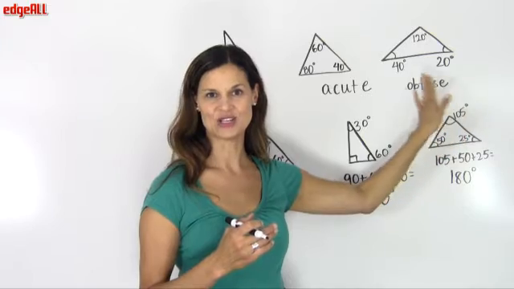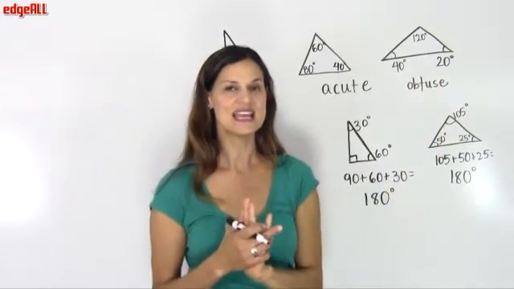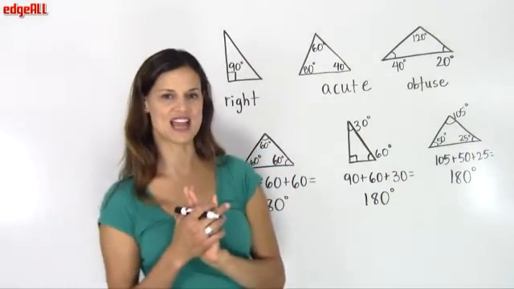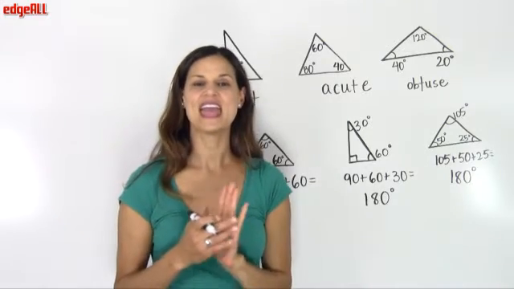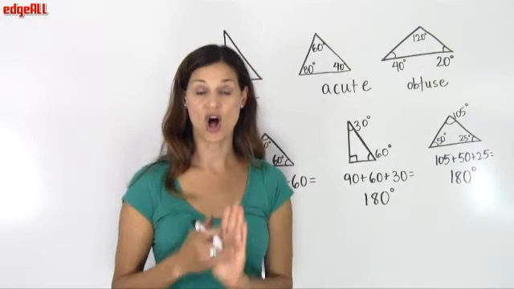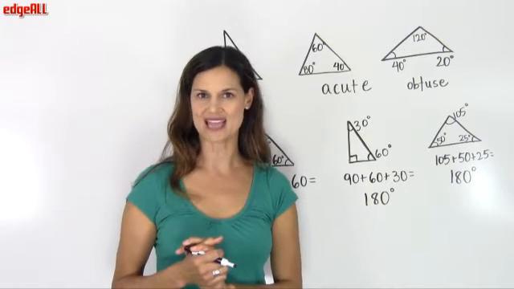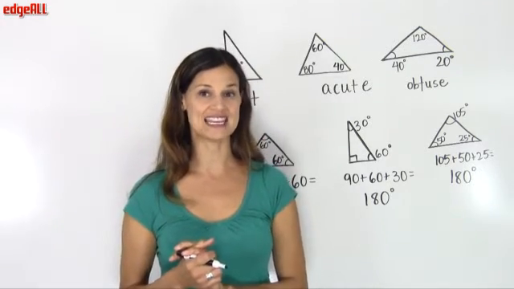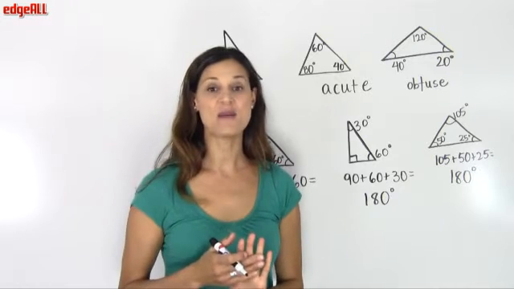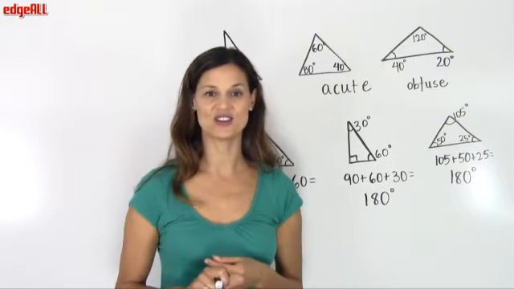obtuse angle triangle. So it's a very important rule to understand and to remember that the sum of all the angles inside of a triangle will always add up to 180 degrees. It does not matter what kind of triangle you're looking at.